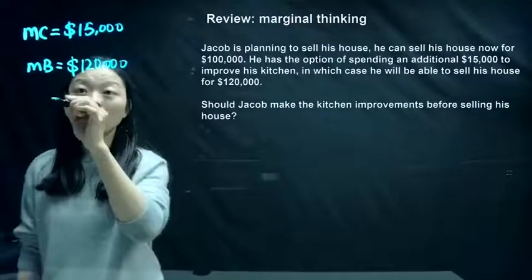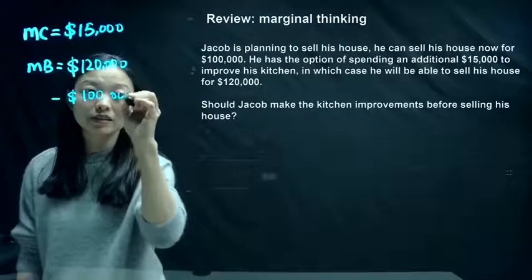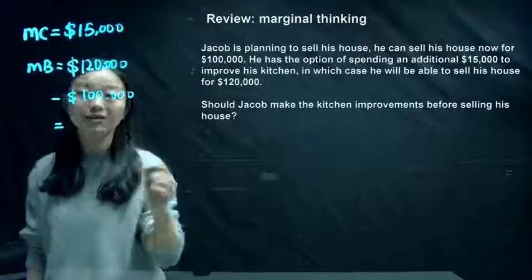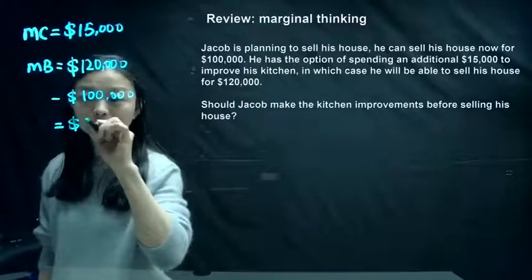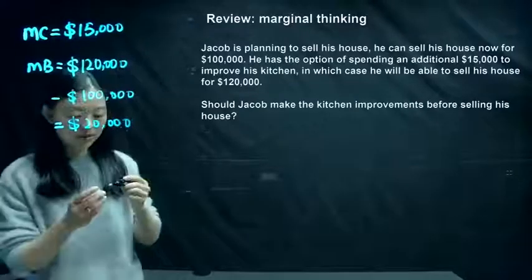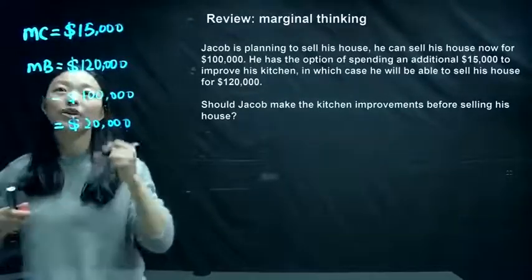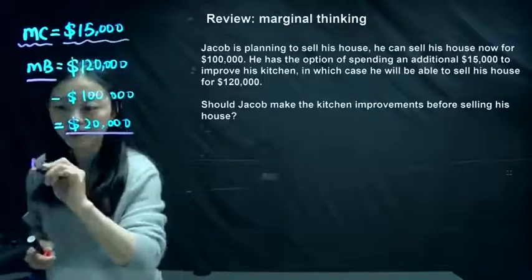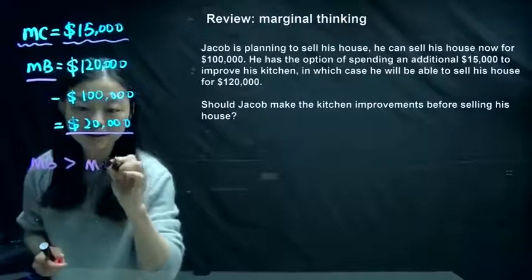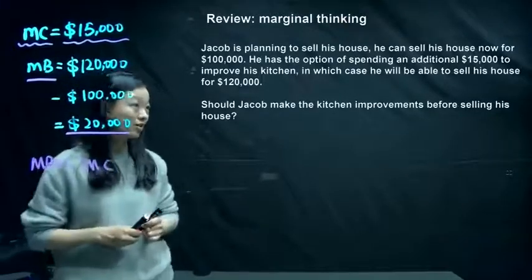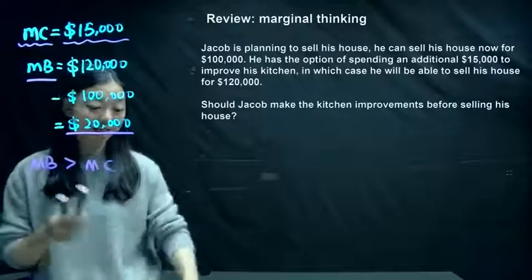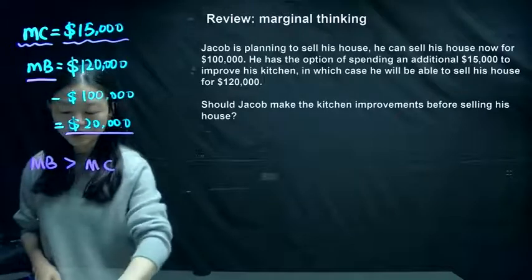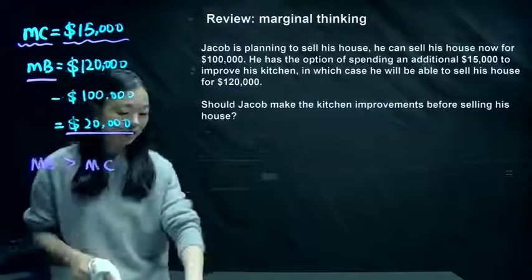If not, he can only sell his house for $100,000. Therefore, the marginal benefit of kitchen improvement will equal $20,000. You can see, comparing marginal benefit and marginal cost, we have marginal benefit larger than marginal cost. So should he repair the kitchen? Yes, of course, because now we have more marginal benefits. Those are the three principles that we just learned.